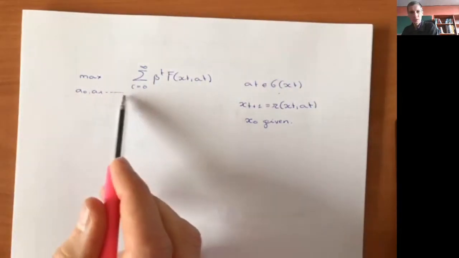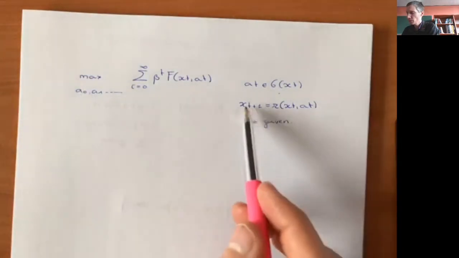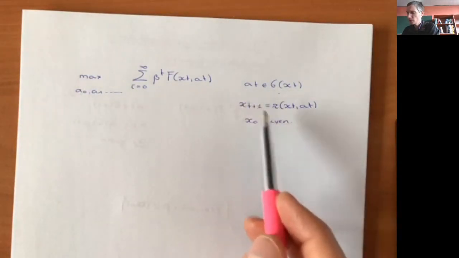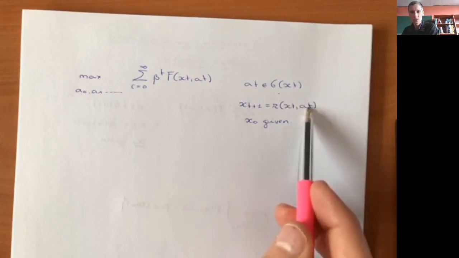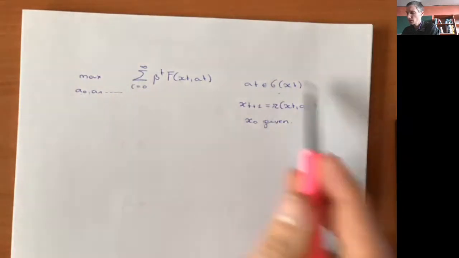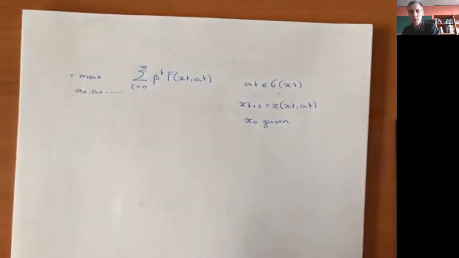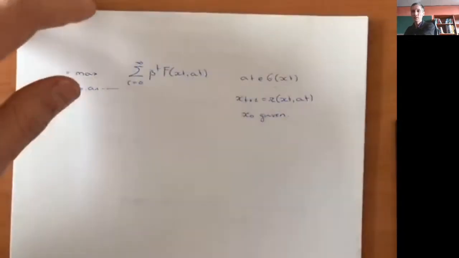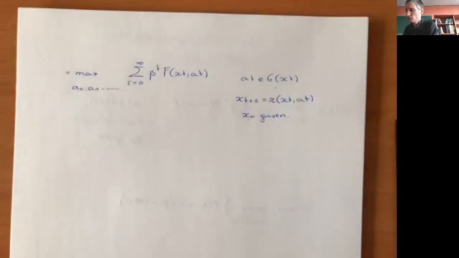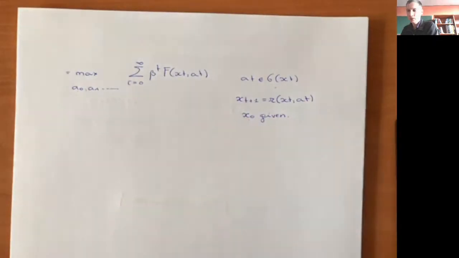And here all the a's are maximized, right? So these are all endogenous, and all the x's will also be endogenous because the a's are endogenous, except for the initial one. So everything here is endogenous except for this parameter. So if we can solve this problem, and you investigate the conditions under which we can solve it, then the solution will only depend on x0.